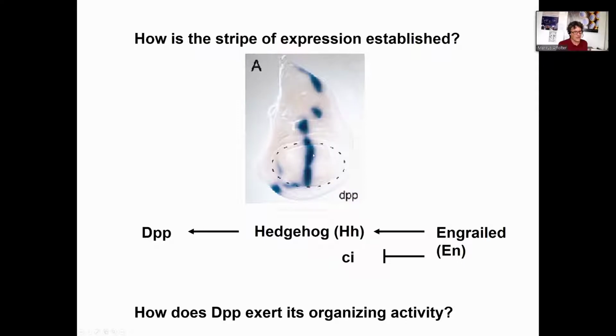And as I said, if you have a ligand from here that disperses, but it of course doesn't disperse to the other side, this is a short-range ligand, then the stripe size would be maintained all the time, because you have a ligand made here, it will disperse. And the structure grows, but the dispersal will not be increased as the structure grows. Dispersal is dispersal. And that's actually what happens.